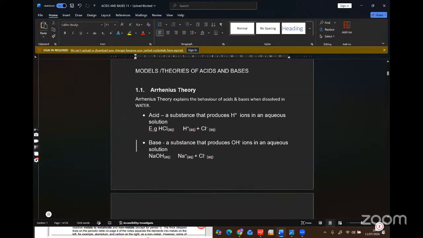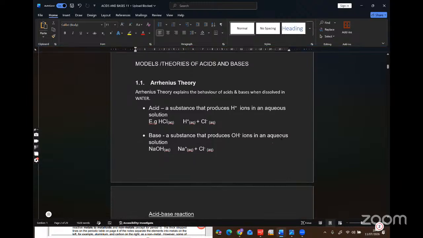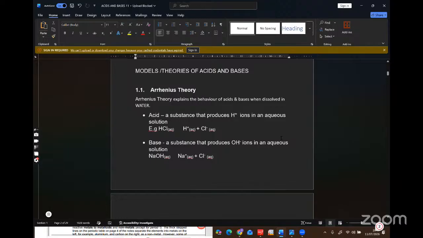Okay, so we are going to look at the models or the theories of acids and bases. The first theory of acids and bases, or the behavior of acids and bases, was proposed by a man called Arrhenius. So we call it the Arrhenius theory. He tries to explain acids and bases on the basis of their behavior in water.